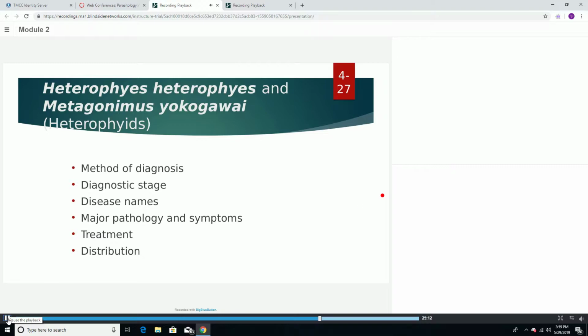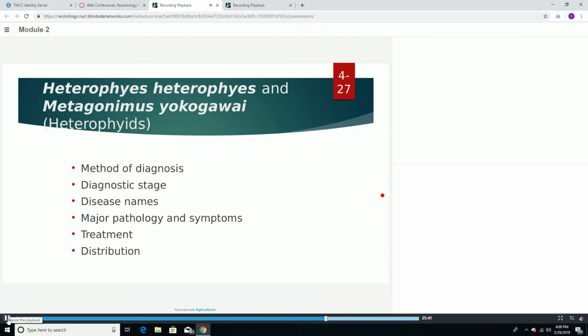All right, the next parasites we're going to talk about are Heterophyes and Metagonimus yokogawai. You notice that some of these names are a little bit harder to pronounce, and they kind of sound Chinese, but that's because that's where some of these infections are found, especially since in China and Asia, it's a little bit more common to eat raw and undercooked fish and snails and so on.